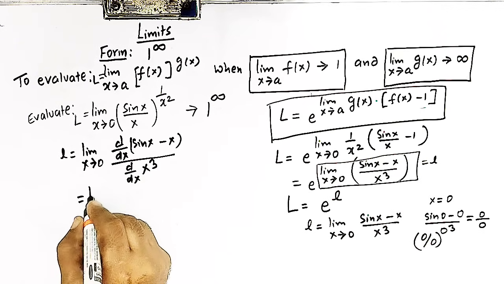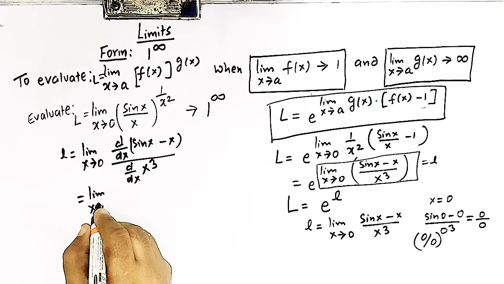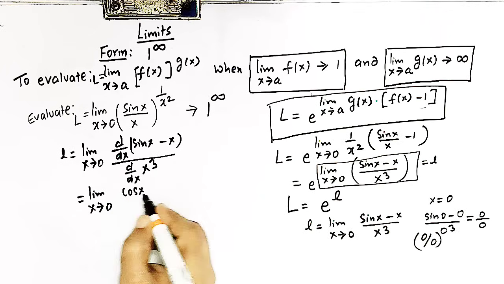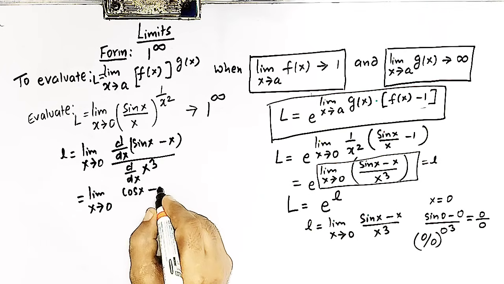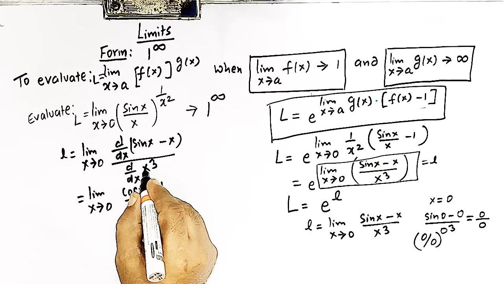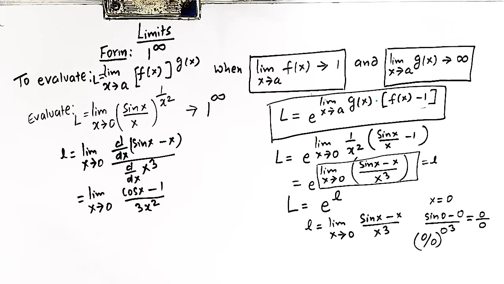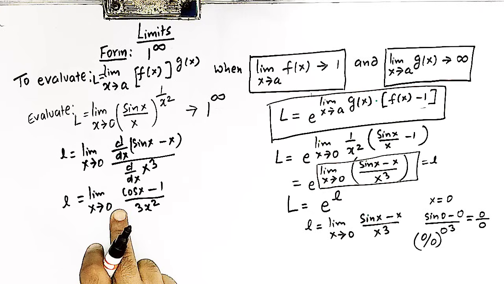Now we have limit x tends to 0: the derivative of sine x is cosine x, and the derivative of x is 1. The derivative of x cube is 3x square, right? Applying L'Hopital's rule, we have arrived at this step.